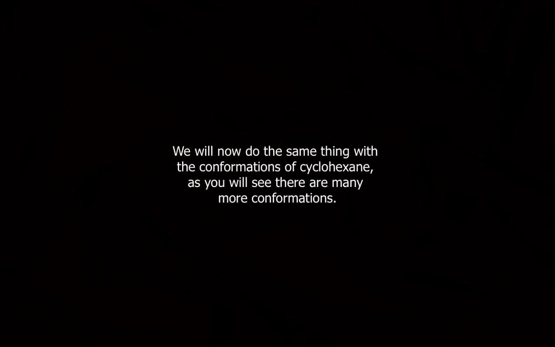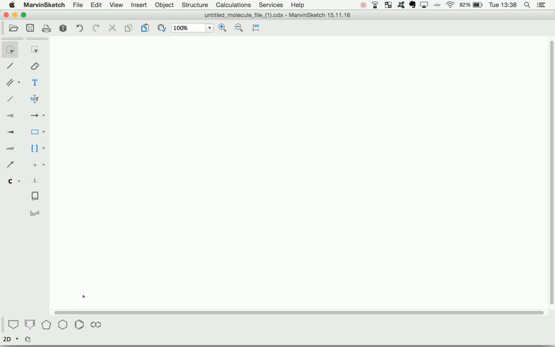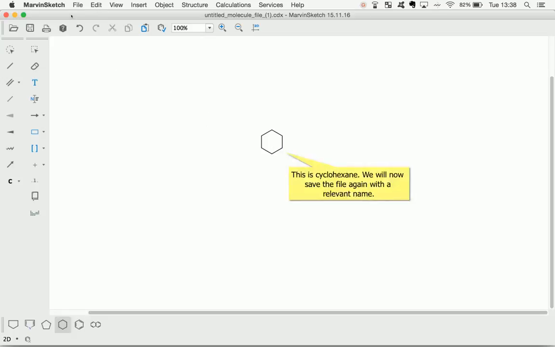We will now do the same thing with the conformations of cyclohexane. As you will see, there are many more conformations. This is cyclohexane. We will now save the file again with a relevant name.